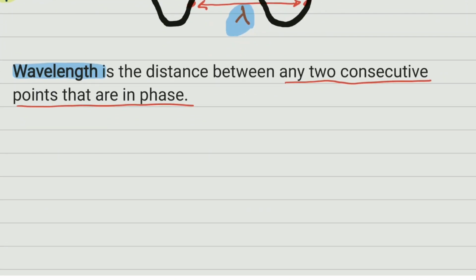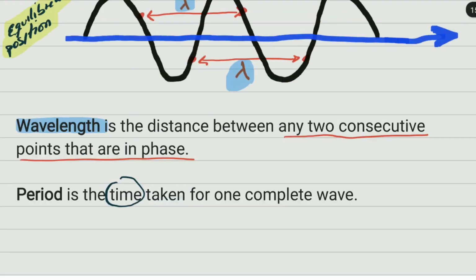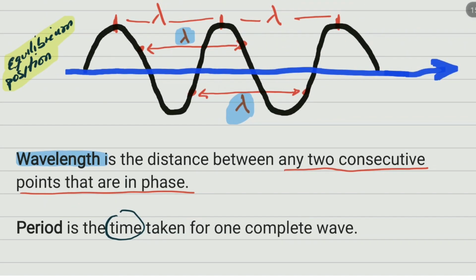This is quite an easy definition, guys. Period is the time, and this is important, we're talking about time. It is the time taken for one complete wave, only for one wave. So the time for one wavelength, how long one point takes to move one wavelength.